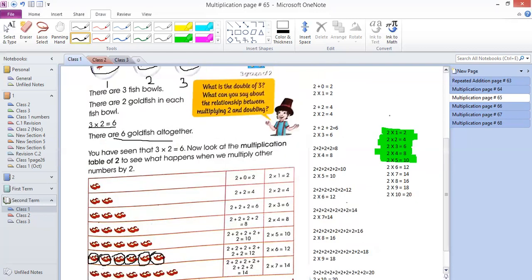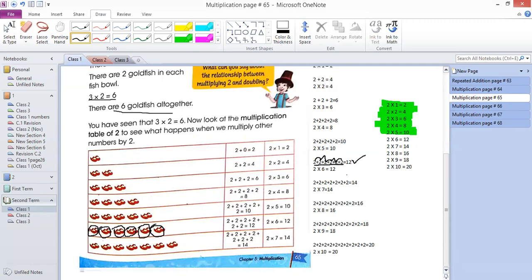So either you can add 2 six times, like here 1, 2, 3, 4, 5, and 6. So 2 plus 2 is 4, 4 plus 2 is 6, 6 plus 2 is 8, 8 plus 2 is 10, and 10 plus 2 is 12. So there are a total of 12 fishes, or you can simply multiply 2 by 6.